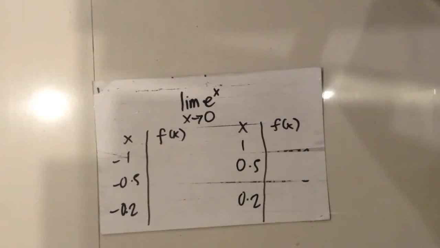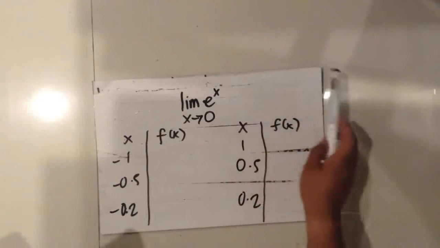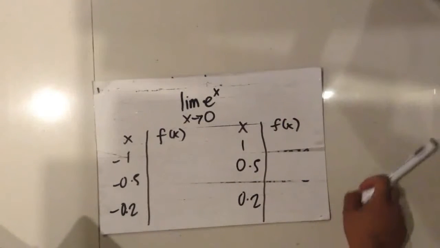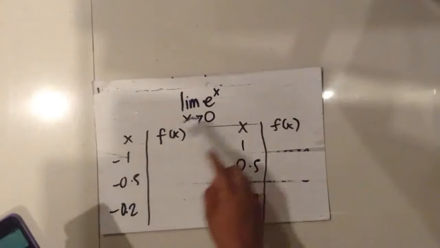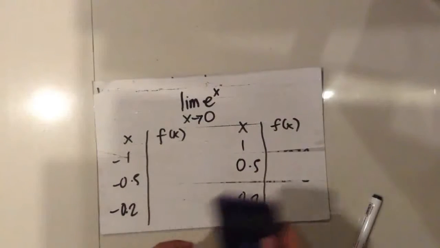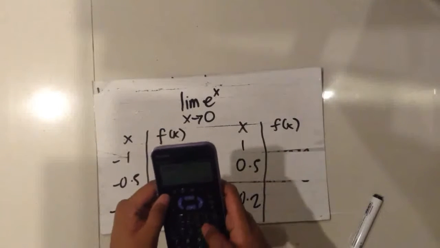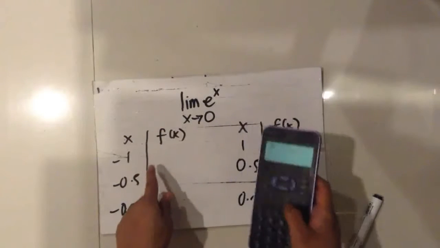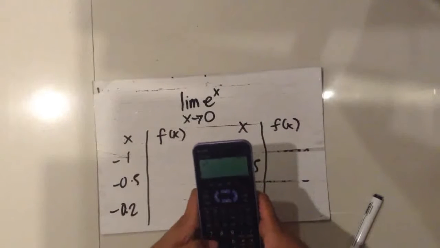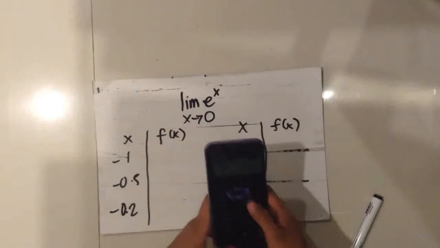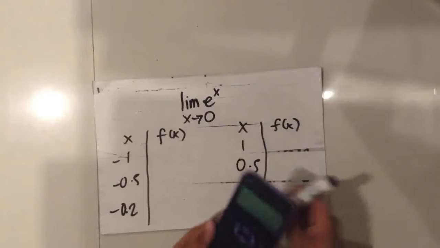So for the last example on the table of values, we have the limit of e raised to x. We will substitute the x values in the given equation. e raised to negative 1. The answer will be 0.36.